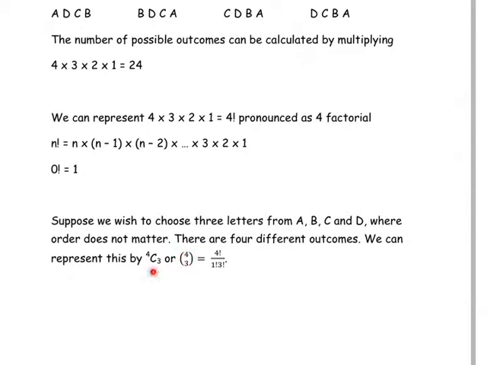And these combinations can be calculated by doing 4 factorial divided by 1 factorial times 3 factorial. And if we check that this is actually 4, well, we know that 4 factorial is 24 from above, and 1 factorial is just 1 times 3 factorial, which is 3 times 2 times 1, which is 6, and that is 24 over 6, which is indeed equal to 4.